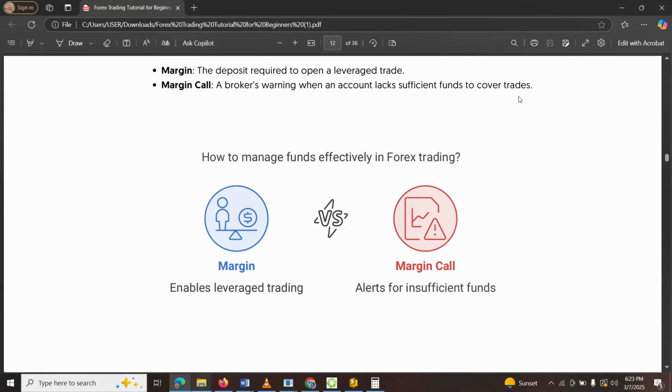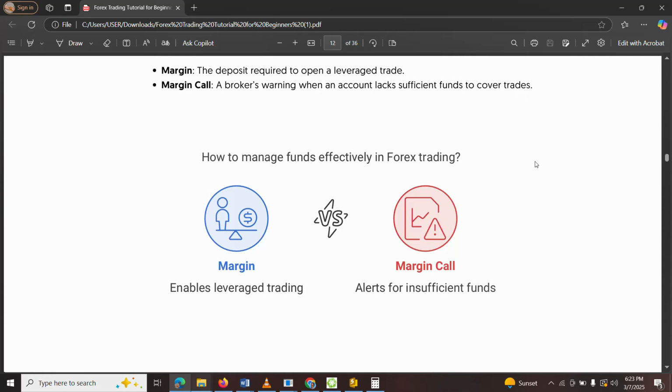Normally some brokers will send you a message to tell you that the margin is below a certain percentage, so that you can take the necessary measures to secure your account. And then how to manage funds effectively in forex trading. That is just to elaborate on the margin and the margin call.